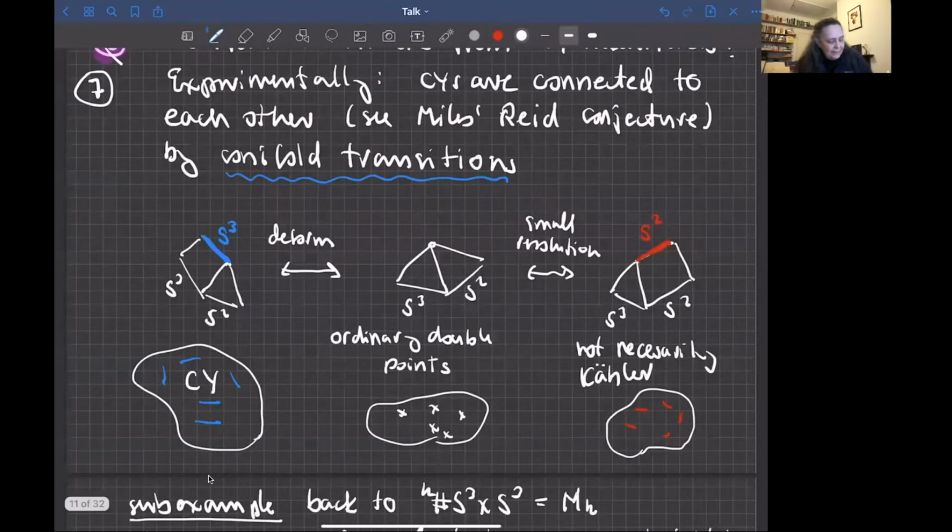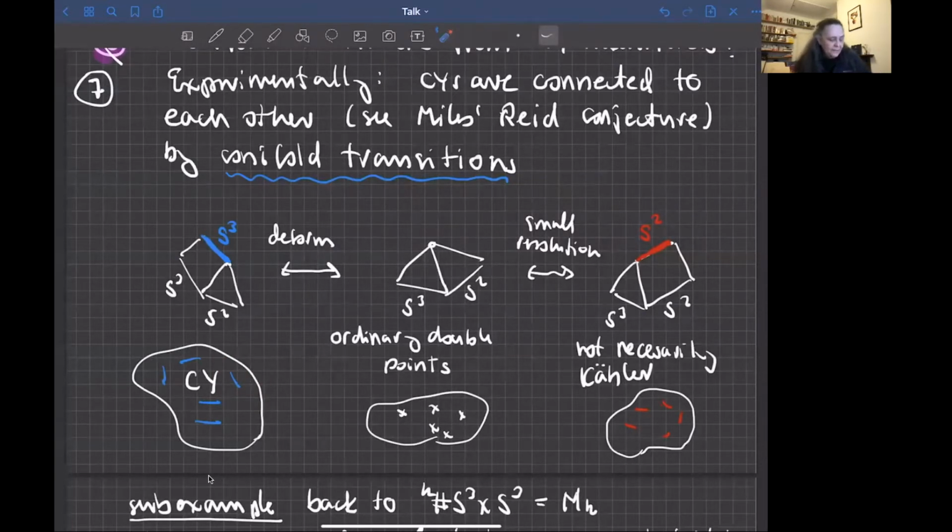Suppose you have a Calabi-Yau manifold, like this one in the picture, that has a number of 3-cycles. Suppose now you contract these cycles to a point.